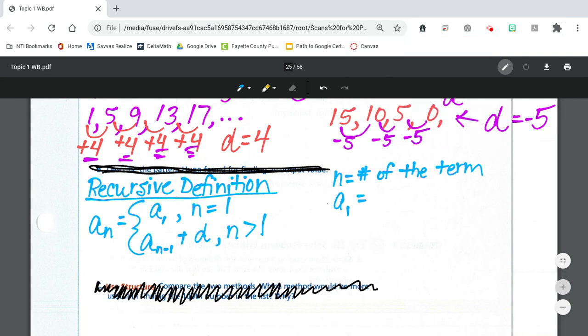It's a piecewise function where we have a sub n equals a sub 1, comma, n equals 1. The way we'd read this out loud is a sub 1 if n is equal to 1.